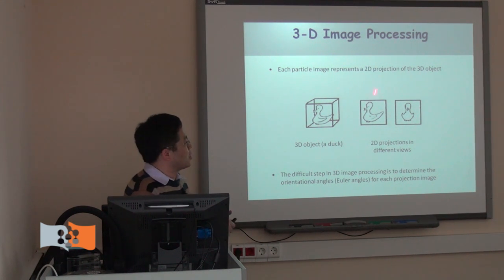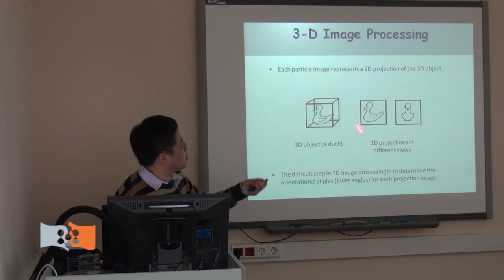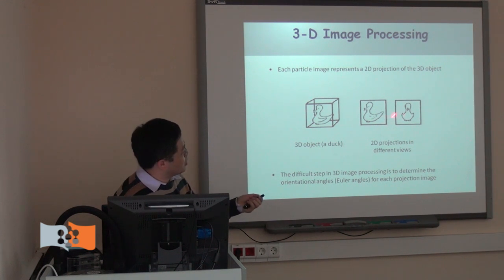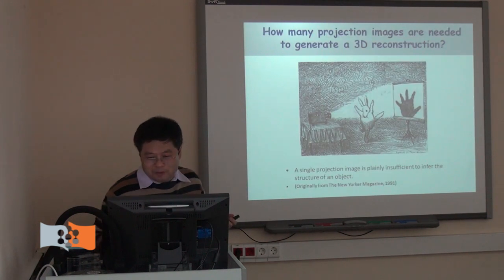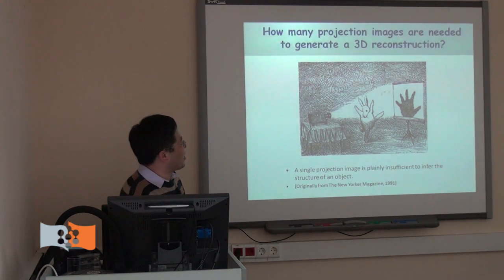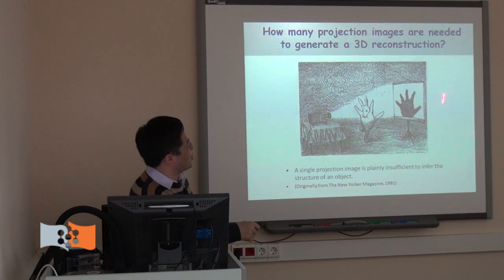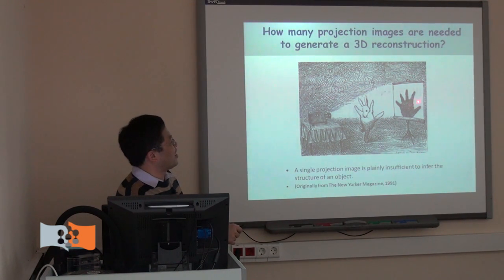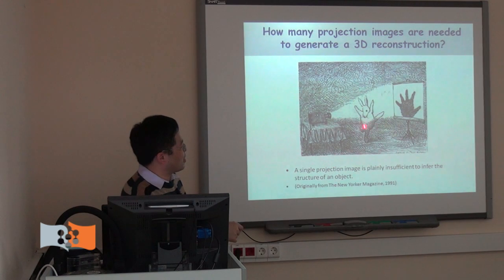The idea is that you want to get projections from all different orientations, and then you try to get the 3D object back. Here it's easy to imagine, but for this one it's very difficult. From this projection, you can never imagine that it is this kind of 3D object.